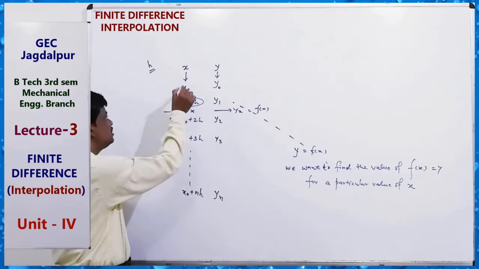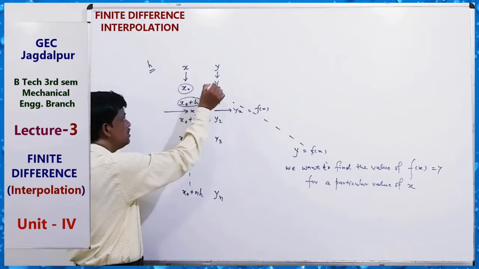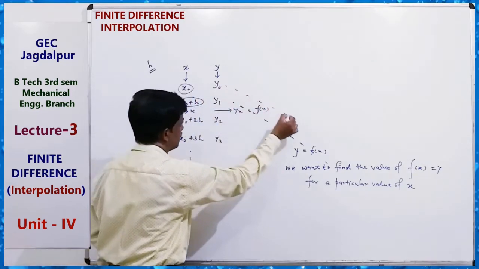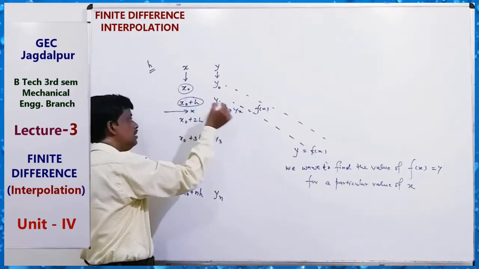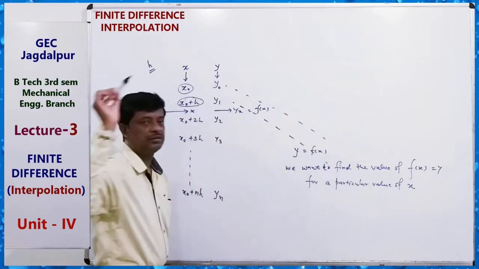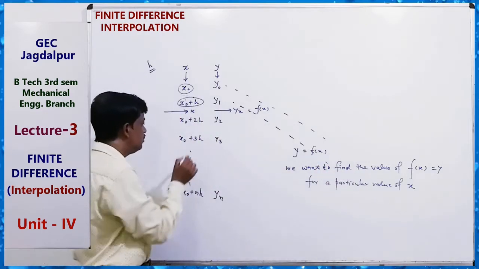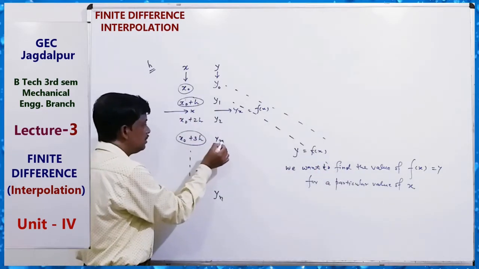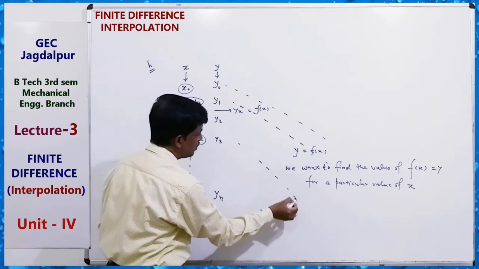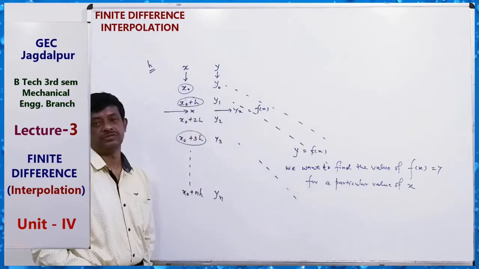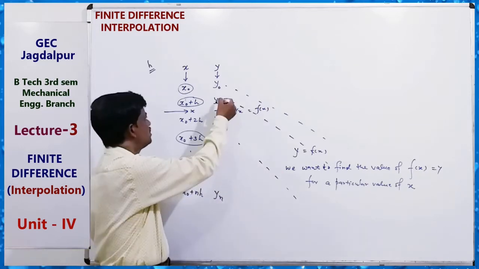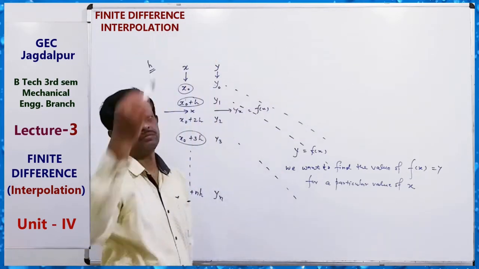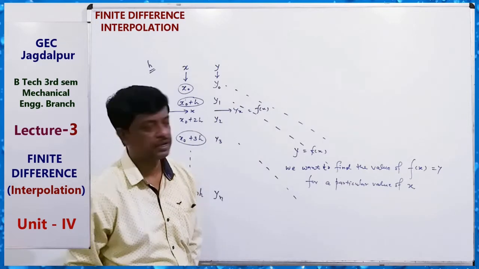If we take the origin here, then this is the leading term and the differences will be here, and these differences will be used. Making the table is simple: this minus this, this minus this, this minus this, and we perform the table. Okay?